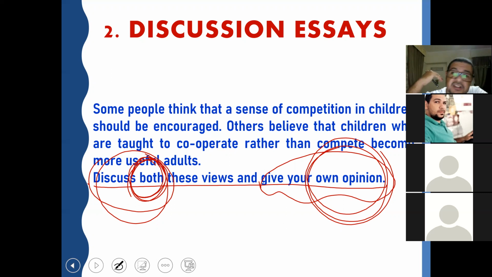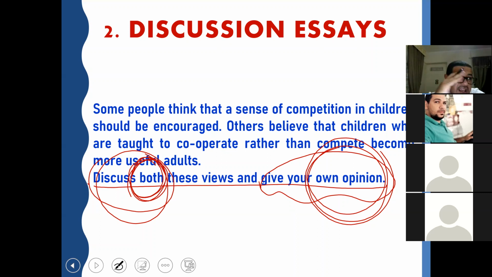I might say, for example, I believe that mixing children is better in primary schools, but it's wrong to do that in high schools. This is a different point of view. This is not A or B. I'm just coming up with a third solution, okay? Just like this question here.